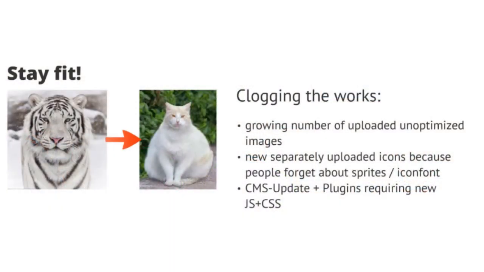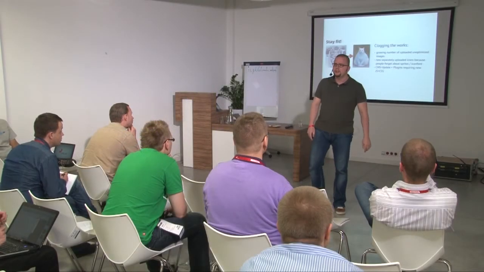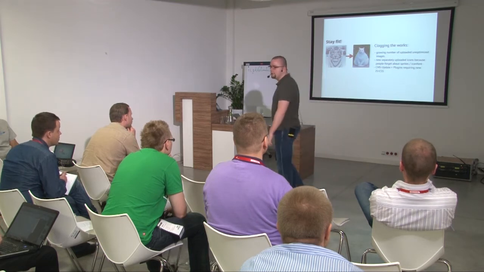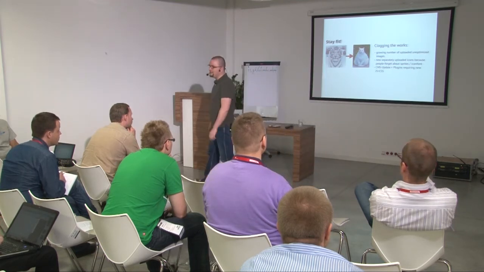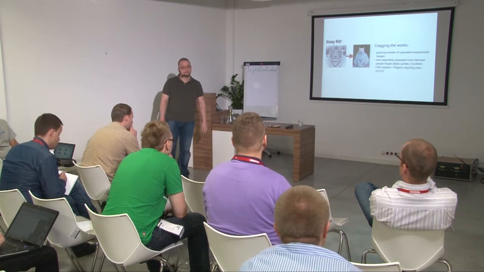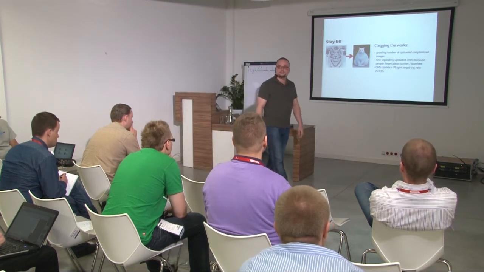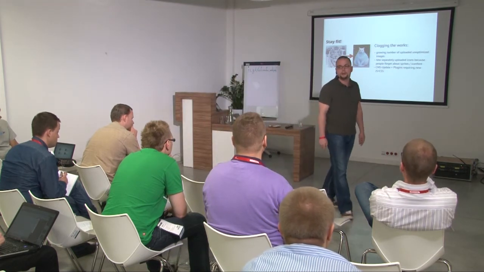Things that go wrong over time are unoptimized images getting uploaded. Like I said, we were running WordPress, and naively, as we thought, yeah, WordPress is using GD in the background to optimize images. Yeah, screw that. Images that are in the WordPress media library are not compressed. They're awfully big. So we forgot to optimize the images that editors would upload later on.